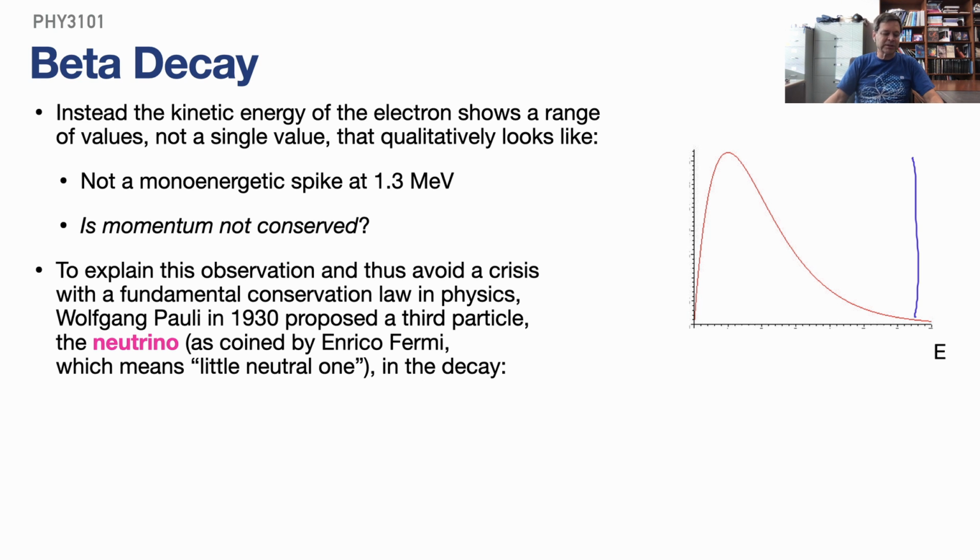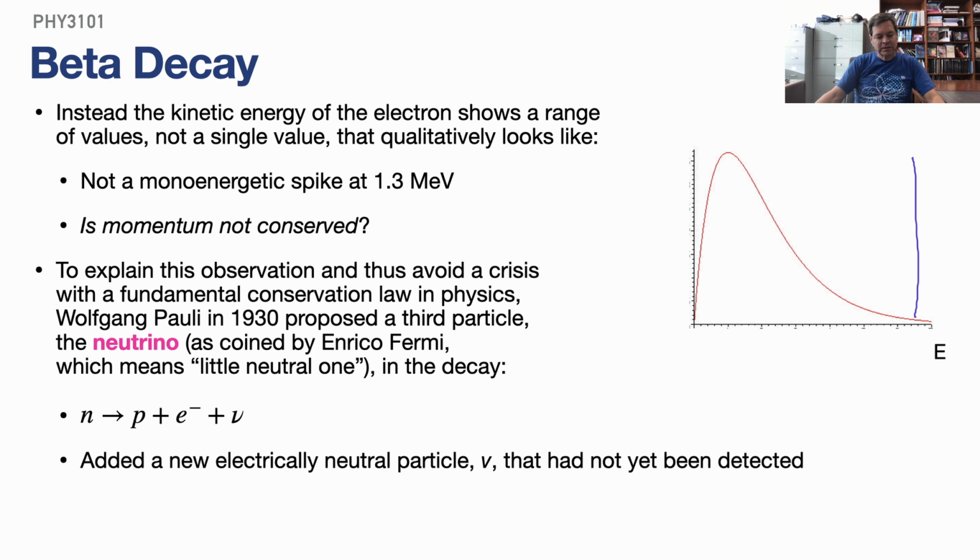So we don't have a decay of the neutron to just a proton and electron. It has to have this neutrino involved as well, this guy.